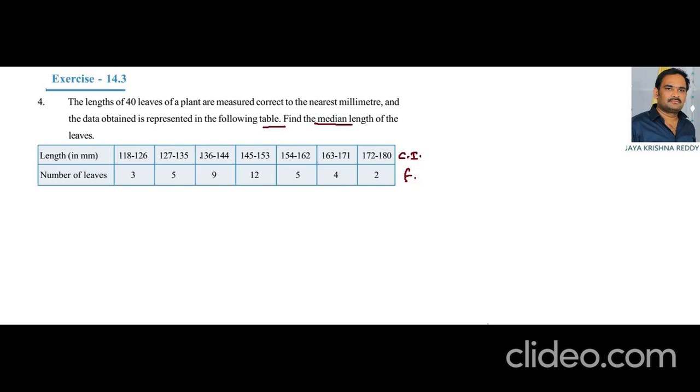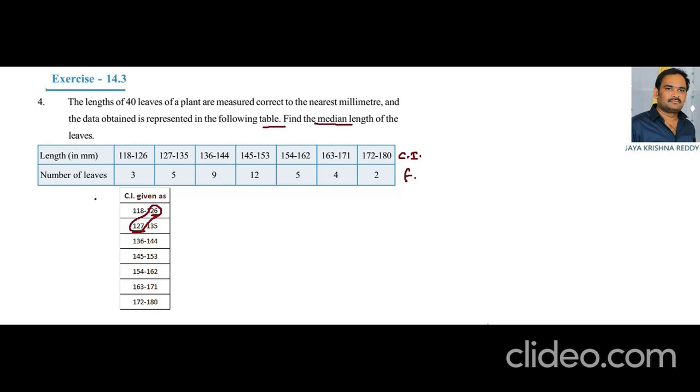Now let us take the class interval column from the given question. Before going to find the median, you can observe how the class intervals are given in the question. See, the upper limit of the first class interval is 126, and the lower limit of the second class interval is 127. These two values are not equal.